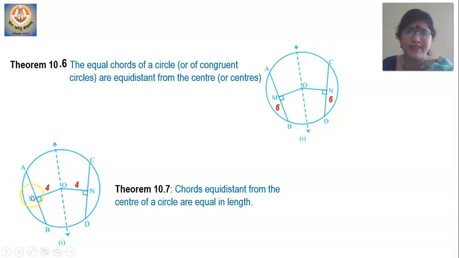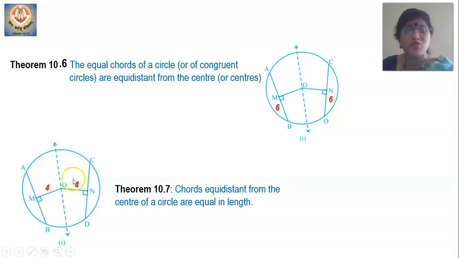Similarly, 10.7 theorem. Chords equidistant from the center of a circle are equal in length. So there are two chords AB and CD. Their distance from the center is equal. That means OM is equal to ON. So if OM is 4, ON is also 4.